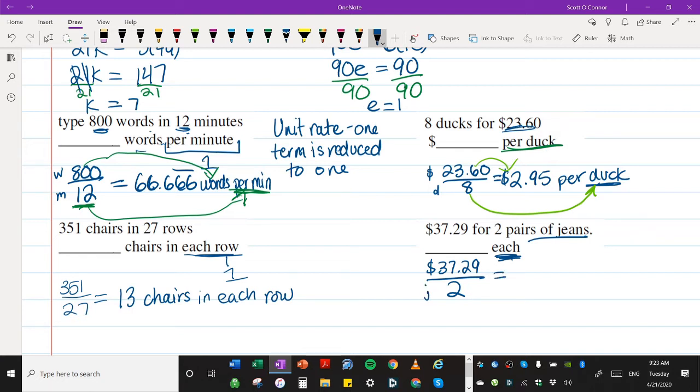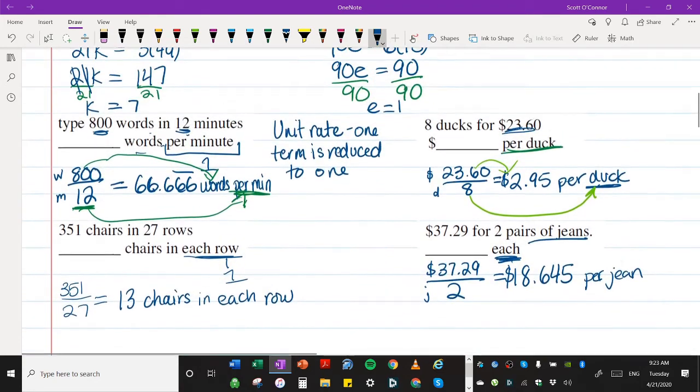And so when we do 37.29 divided by 2, we get $18.645, and we can just leave it like that. It's just fine. Per jean. Now in the store, you know they're going to round up. All right, so that is the cost per jean.